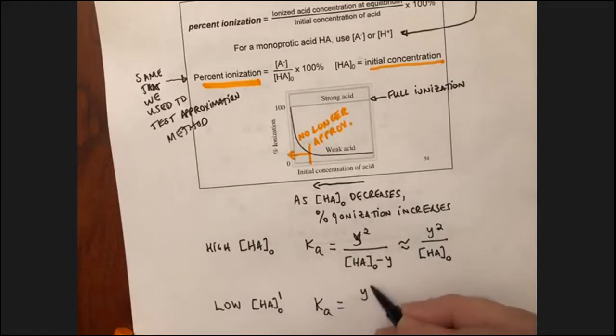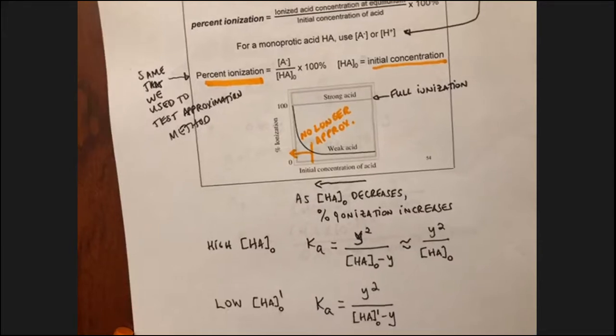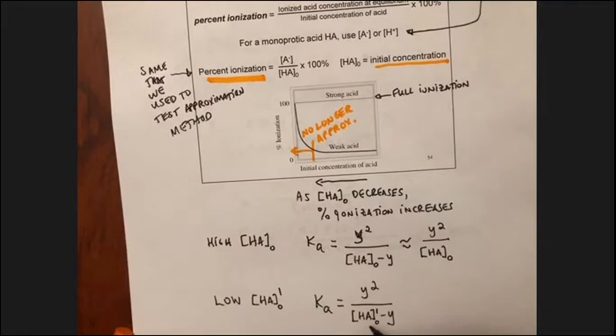This would be y squared over HA0 prime minus y. Now remember what happens now. This value here is smaller. This is a smaller value than it was up here.